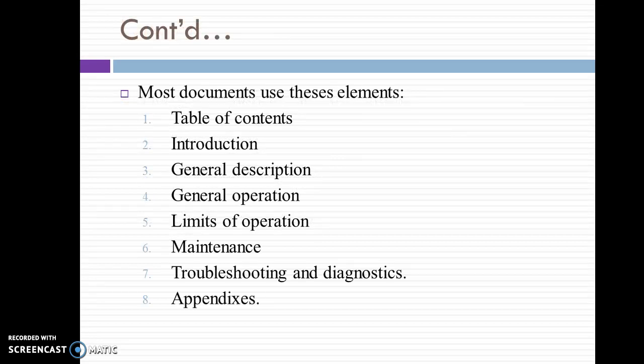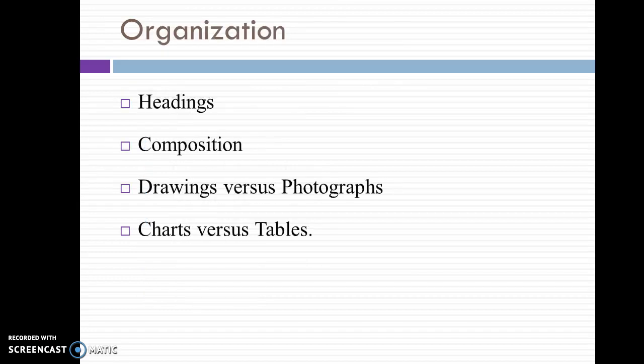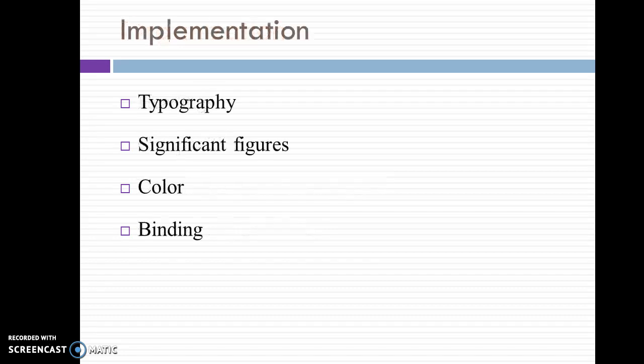Most documents use these elements: table of contents, introduction, general description, general operation, limits of operation, maintenance, troubleshooting and diagnosis, appendices. The organization of a document should have headings, composition, drawings, charts. Implementation should be done using proper typography, significant figures, proper use of color, and proper binding.